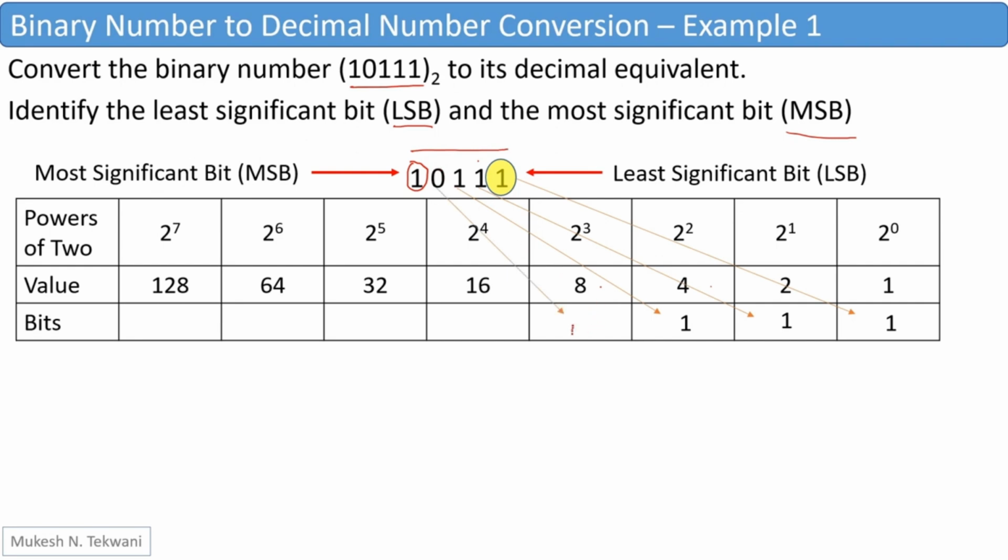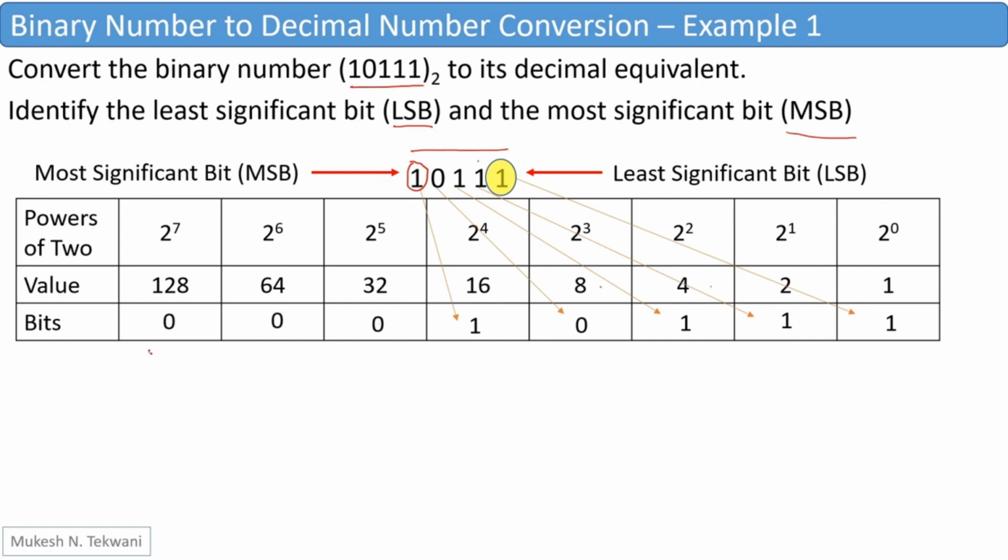That means the weight of this bit is 8. So we write 0. And the most significant bit, we put it here under 2 raised to 4, that is 16. So all our bits have been copied, and since there are no more bits left, we will just pad these remaining powers of 2 with zeros.